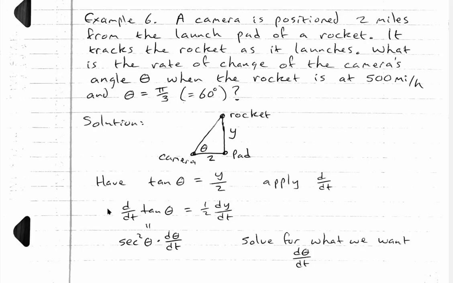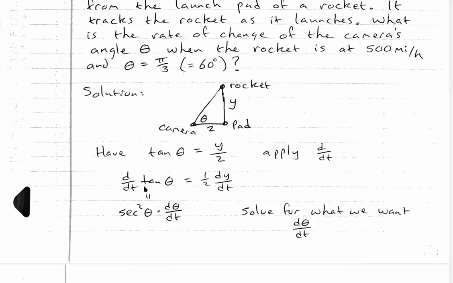As usual, apply d/dt. The outside function is tan, so we need secant squared for its derivative. The inside function is theta as a function of t, so that's d theta/dt. On the right side it's easier, we just have a constant, so we get 1/2 dy/dt.